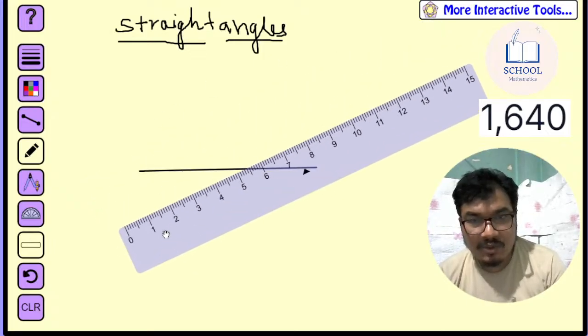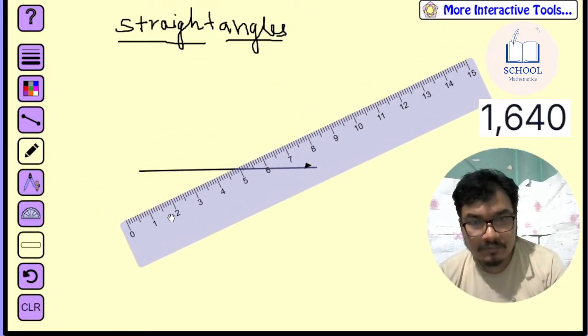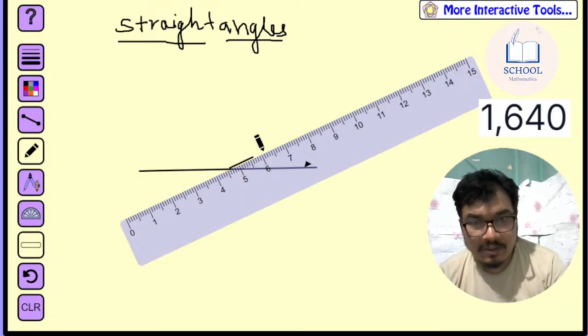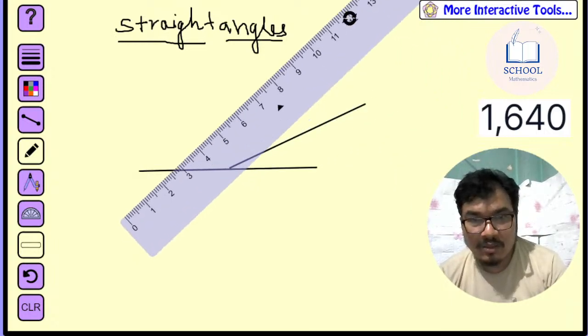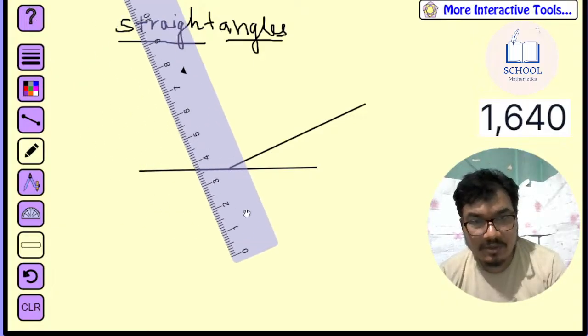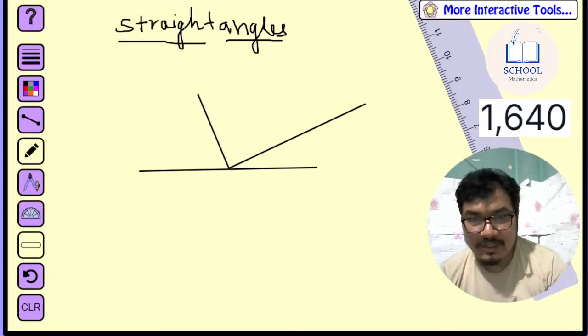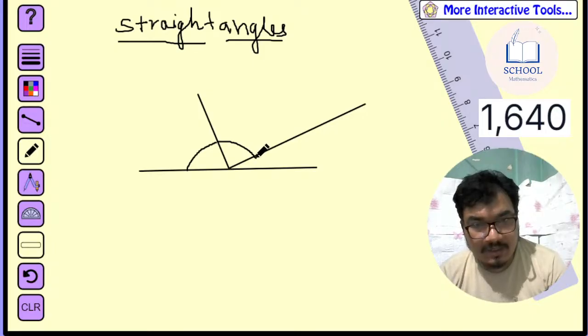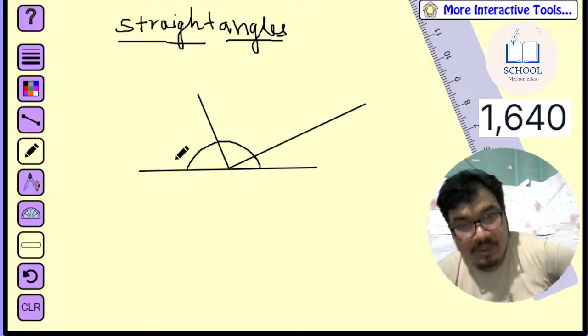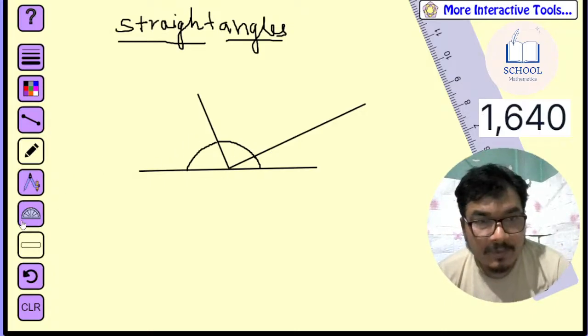And if you draw one angle like this, and similarly here also you can draw another angle, see. Okay, in this case, when we add the size of this angle, then this angle, then this angle, there are altogether three angles here, maybe more than three also, and we'll find out this sum. Look here, we can find it here.